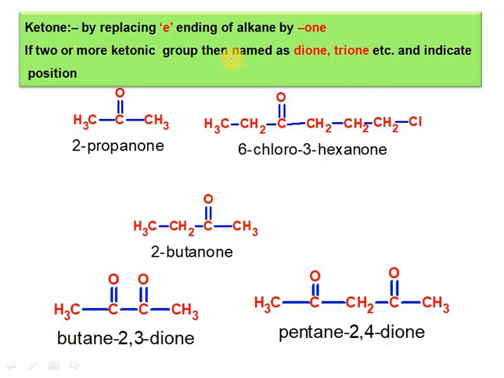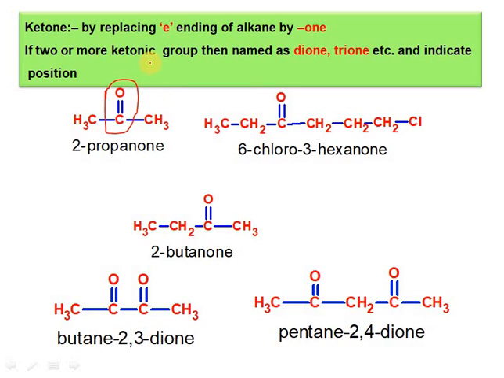For another structure, we give the IUPAC name for the ketone group. You know that in a ketone group, the molecule has a carbonyl carbon as well as two alkyl groups on both sides. This is one side and this is the second side. This is called a ketone.